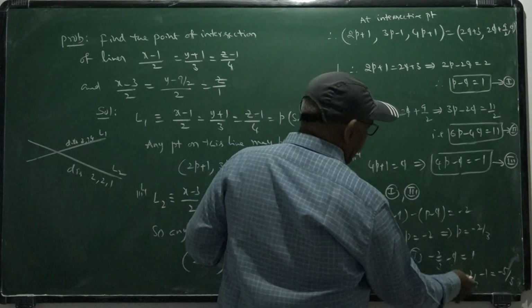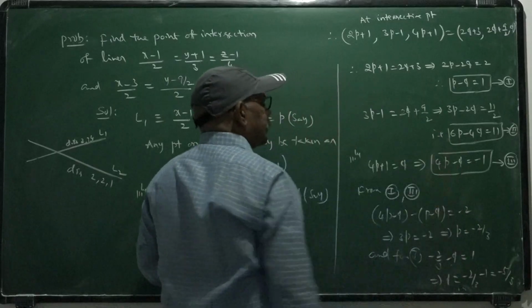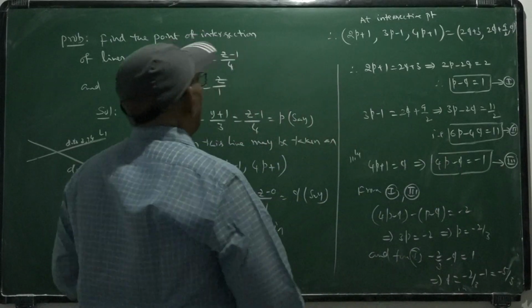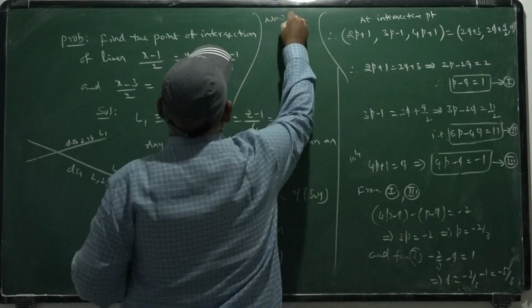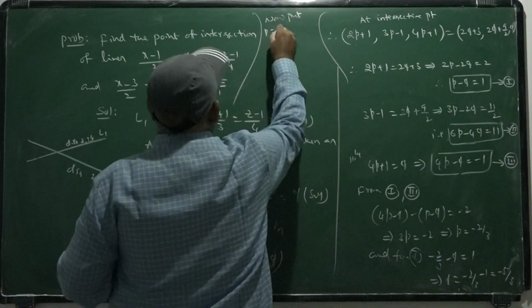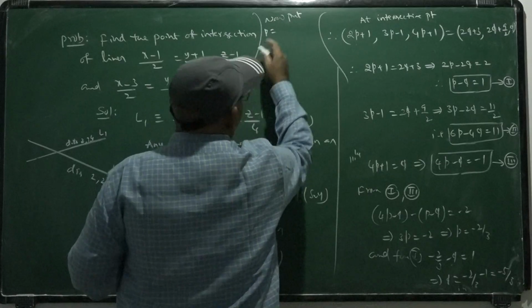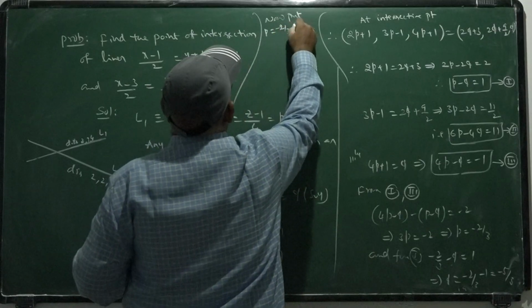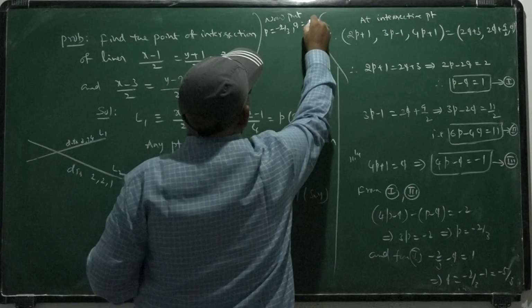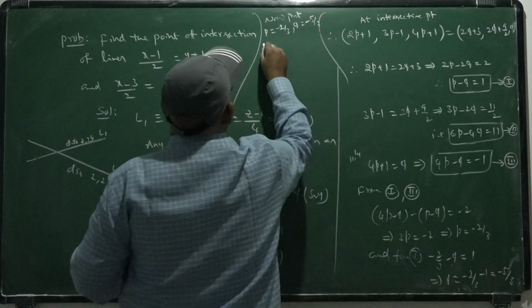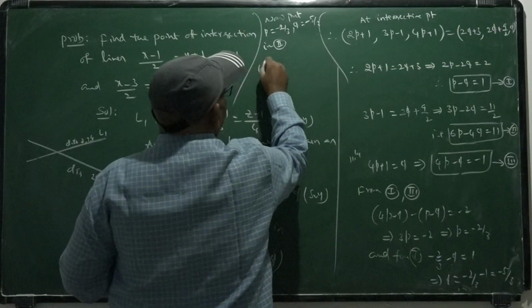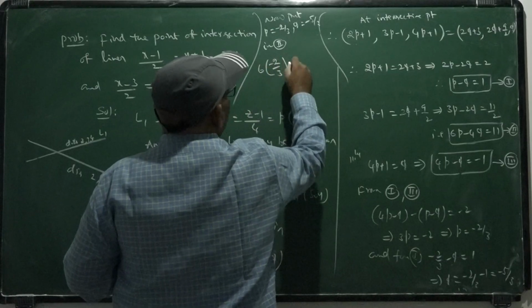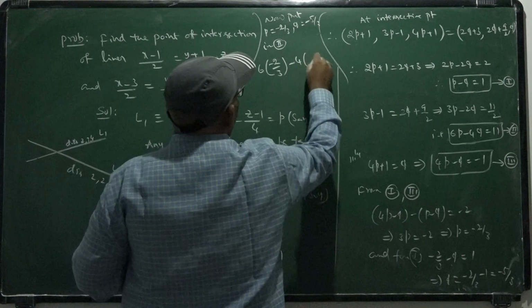Observe whether this p and q value satisfies the second relation. Now put p equal to minus 2 by 3 and q equal to minus 5 by 3 into this relation and observe whether it is satisfied or not.